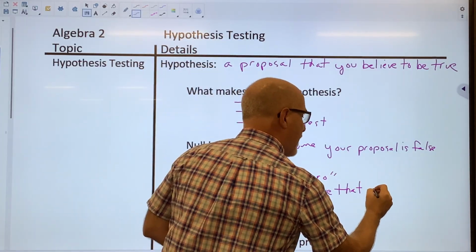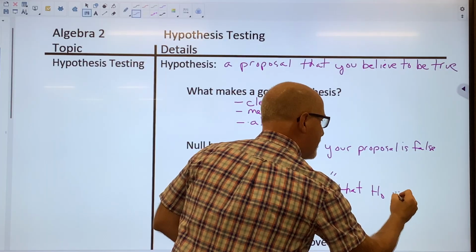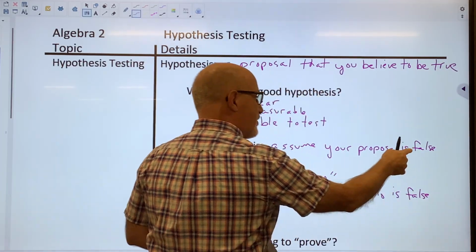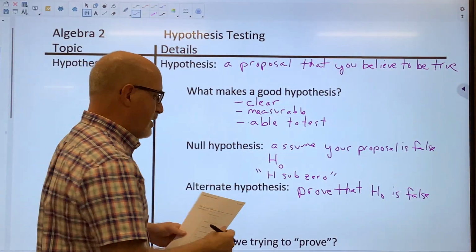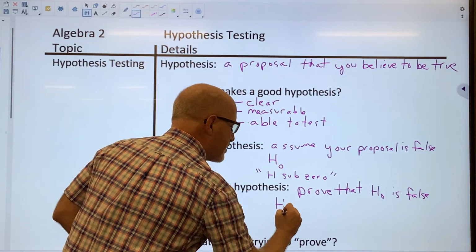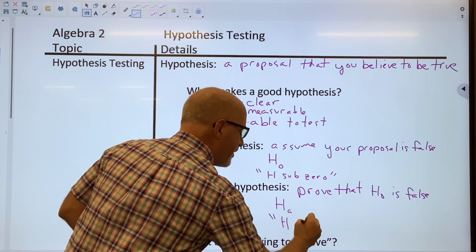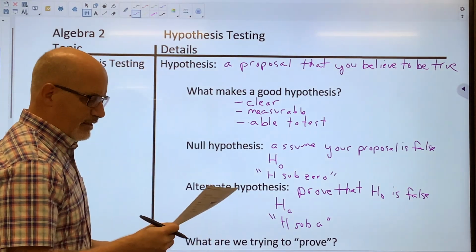Prove that the null hypothesis is false. So it's a double negative. A false would mean that what you were trying to prove is true. We write that as H sub A, the A standing for the alternative hypothesis.